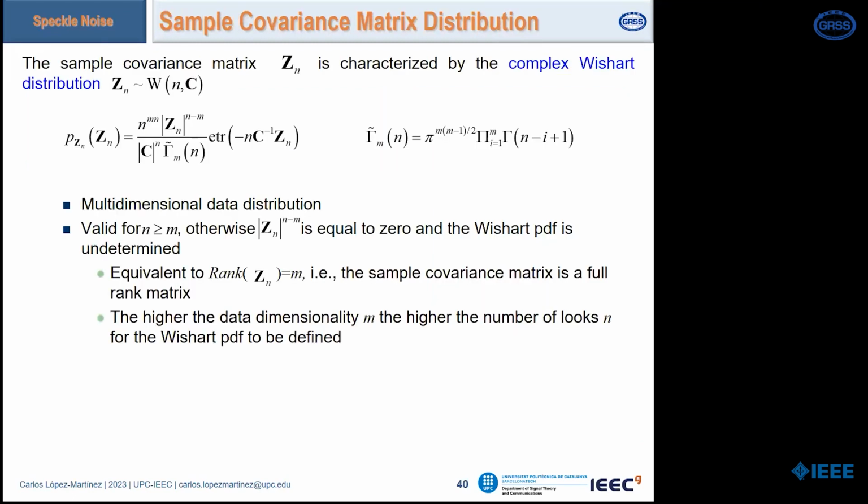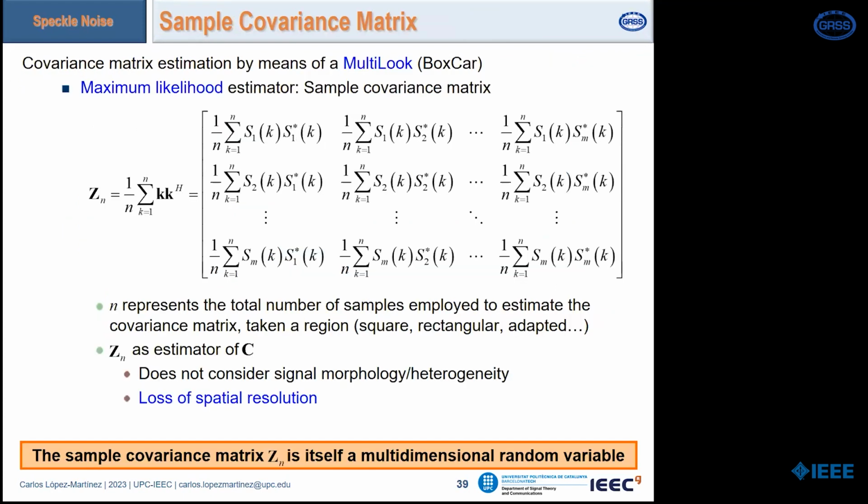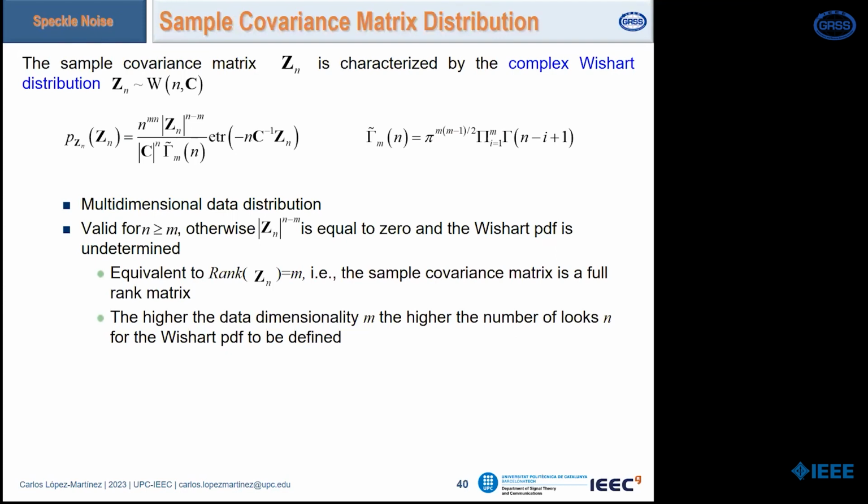No, the complex Wishart distribution is that when I estimate a random variable through a limited process, the variable I'm estimating from a random sample is at the same time a random variable. And this estimated random variable is distributed according to this Wishart distribution. So the estimated covariance matrix follows itself a distribution.